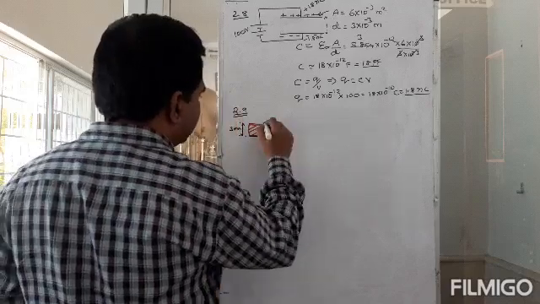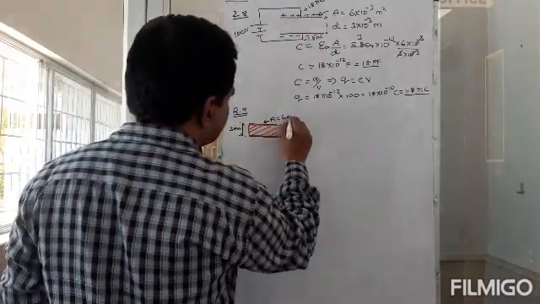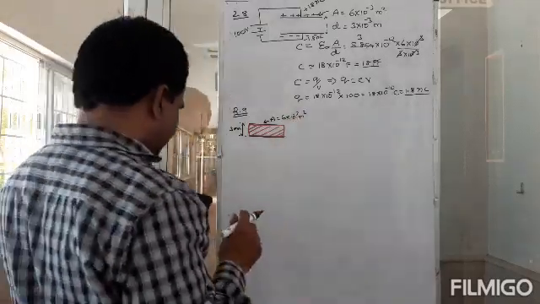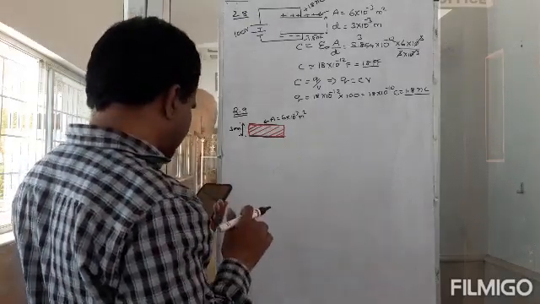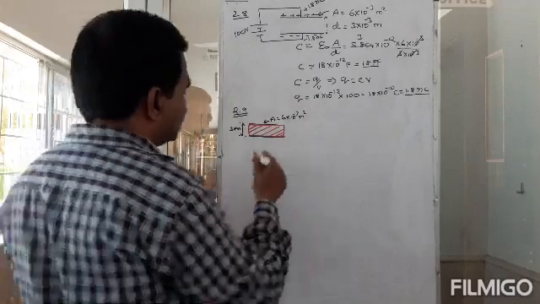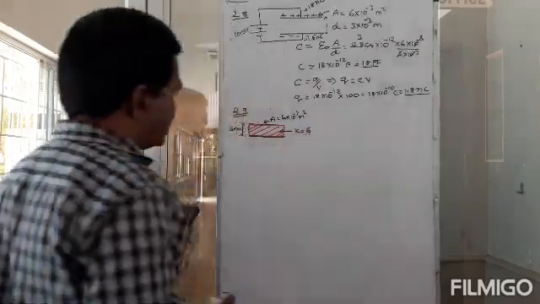So usually the same A as given, 6 into 10 power minus 3 meters squared. I have inserted a dielectric material, and the constant is 6. Here K is equal to 6. Dielectric constant is 6.